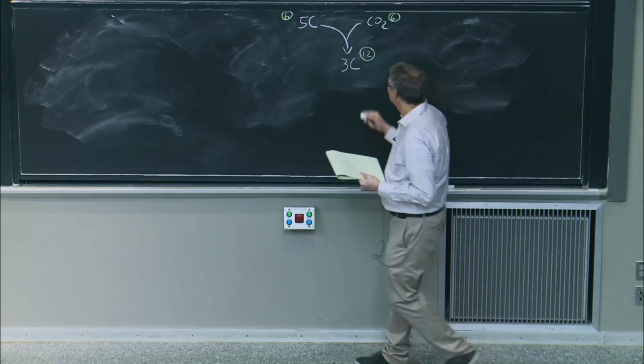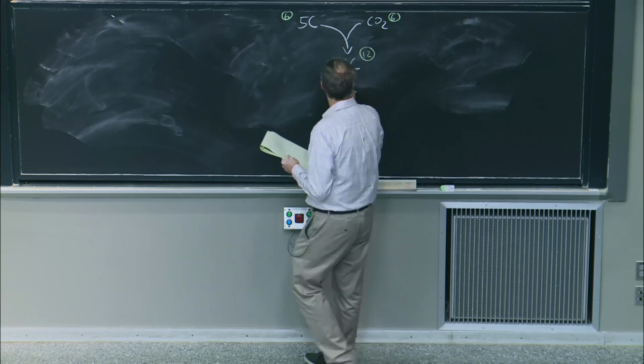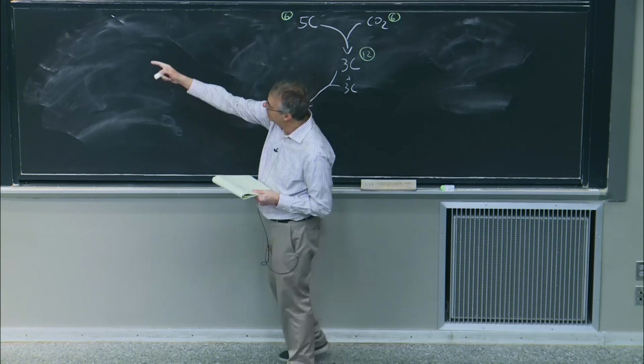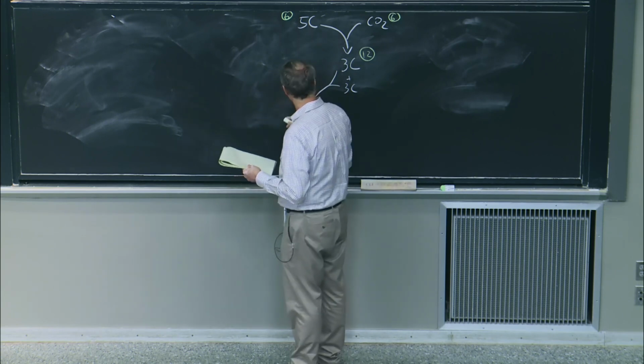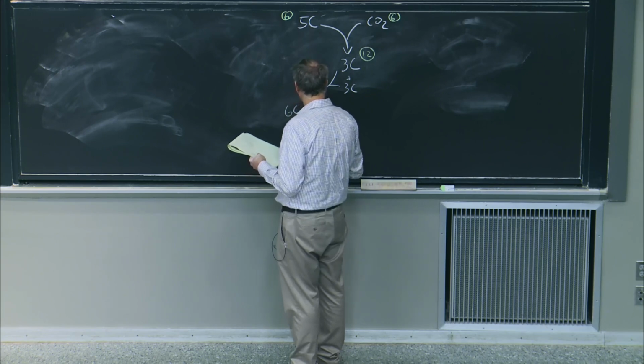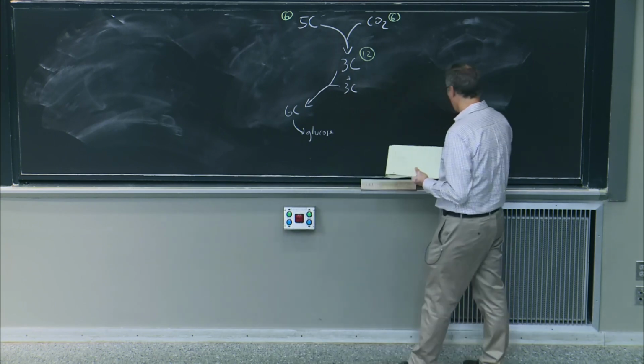And of those 12 3-carbon units, I can combine them via the reduction reactions, gluconeogenesis, to generate 6-carbon units, and that ultimately is going to be the glucose that I get out.